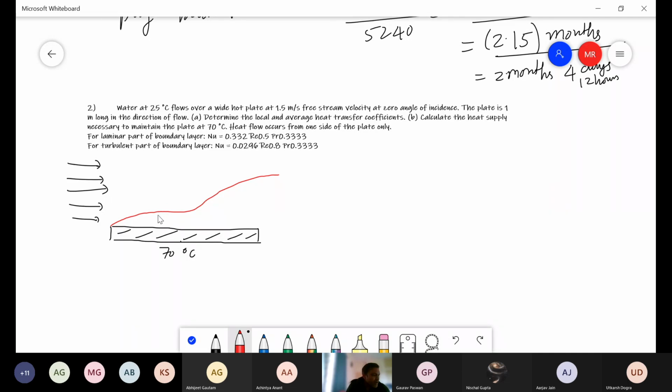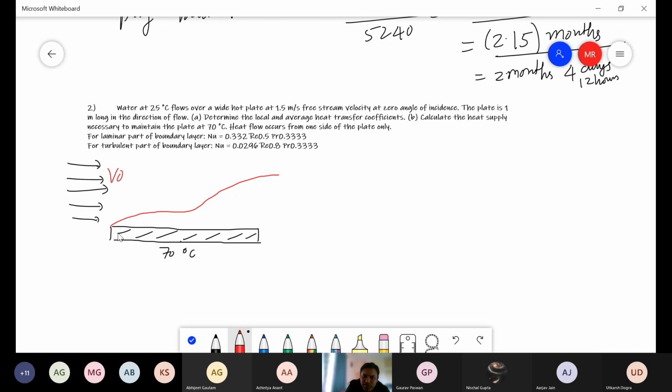In this case you will see that the velocity of the fluid exactly at the surface here will be 0, but as you move in the y direction here, you can see that it eventually reaches the free stream velocity.